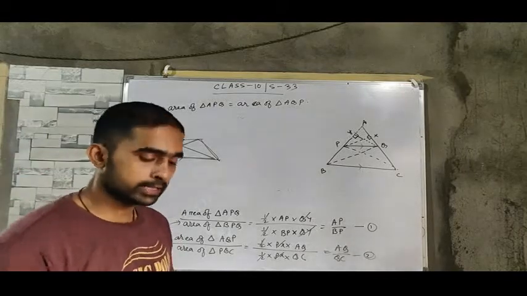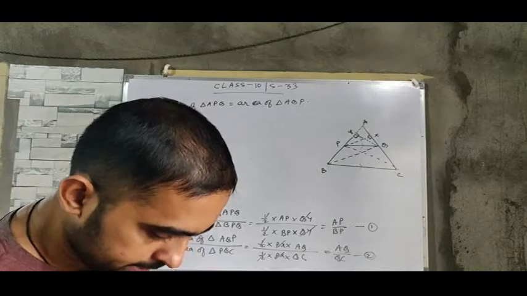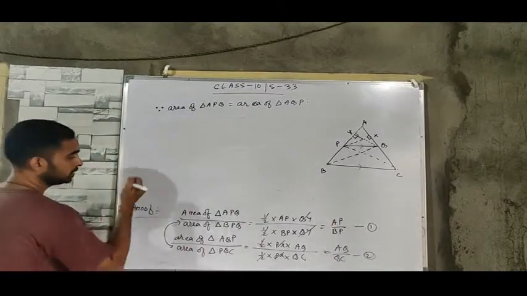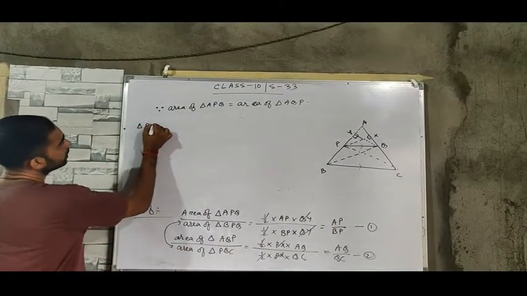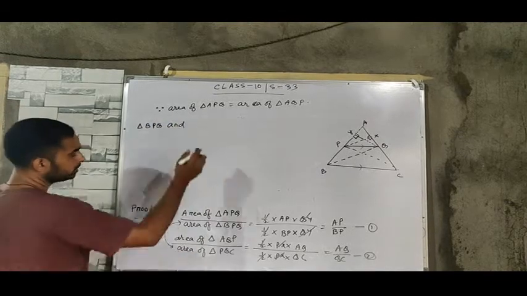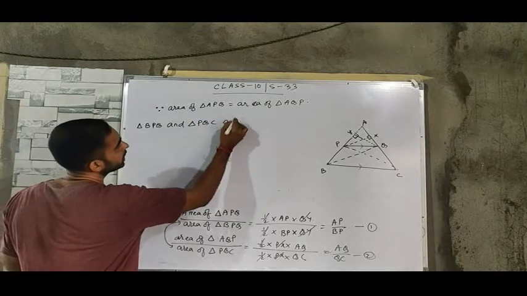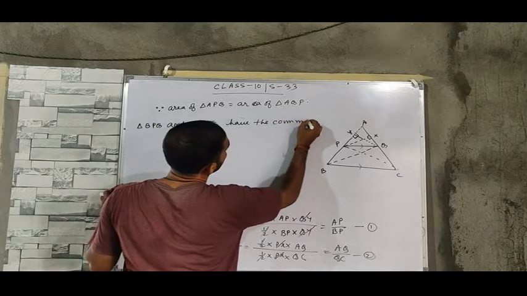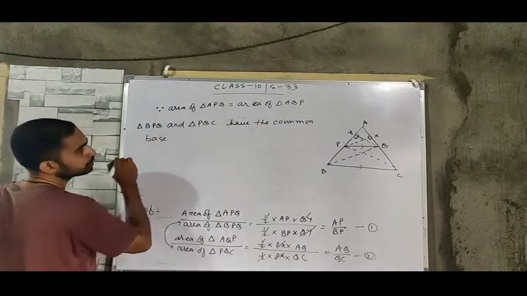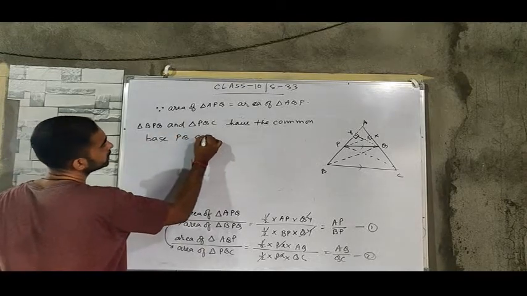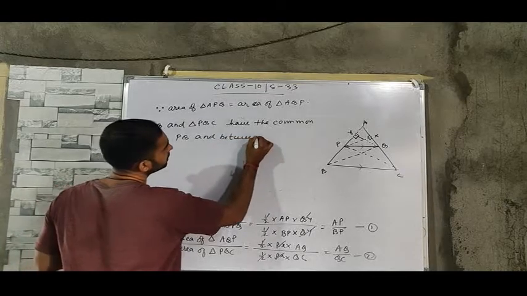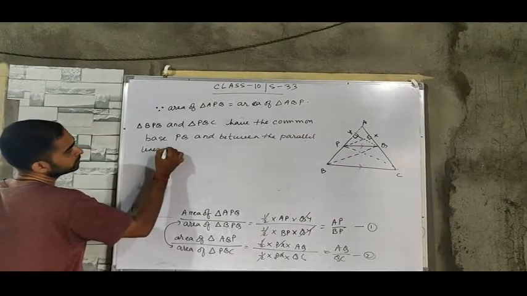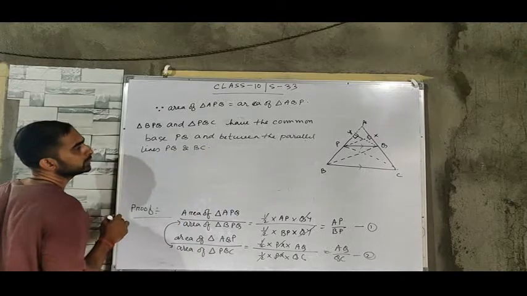We have to mention that triangle BPQ and triangle PQC have the common base PQ and lie between the parallel lines PQ and BC.